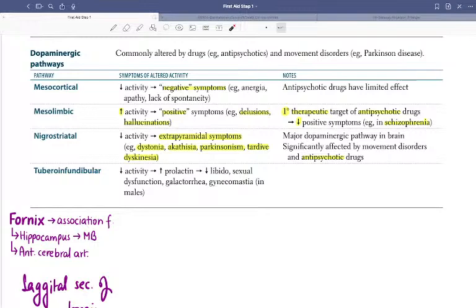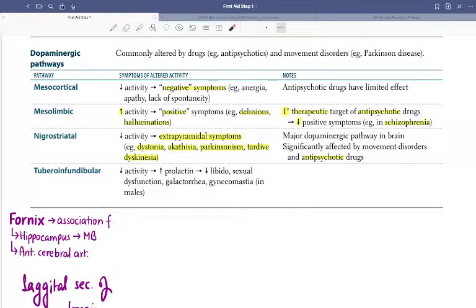Next we have mesolimbic. Mesolimbic is a dopaminergic pathway, and it obviously connects the limbic system to the midbrain, because we are seeing it from the name only. Mesolimbic is for the positive symptoms.